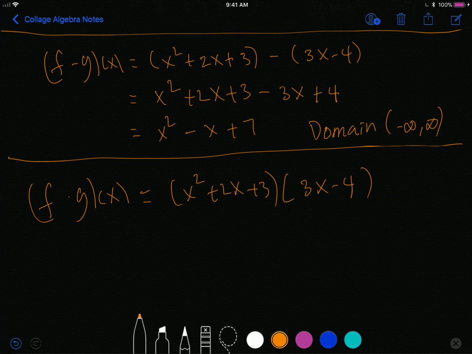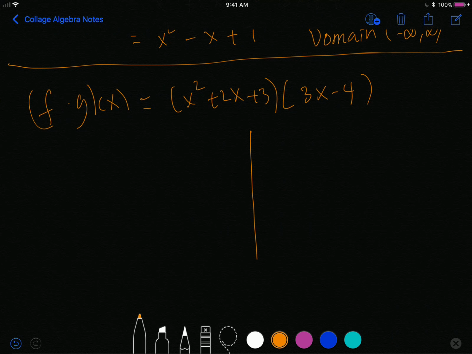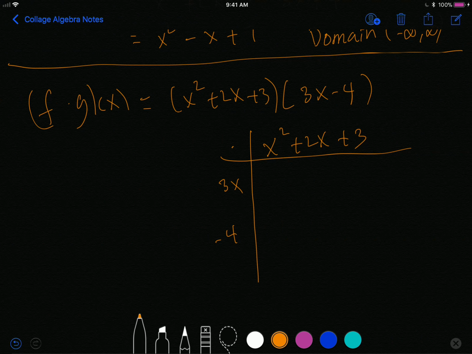And this is where, well, you can FOIL, multiply every term by every term. But this is where one of those other techniques that I showed you earlier comes in handy. I'm multiplying x squared plus 2x plus 3 times 3x minus 4, and you just fill in the correct products.